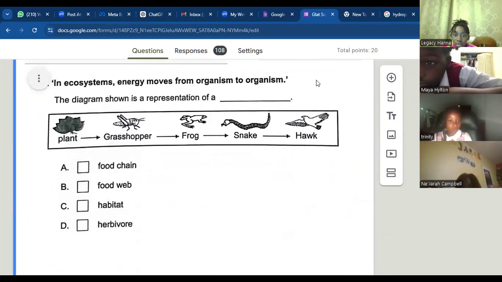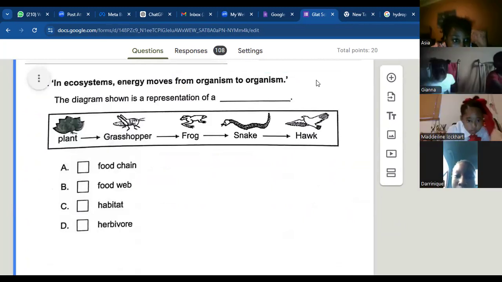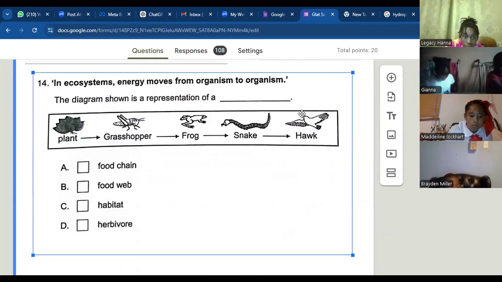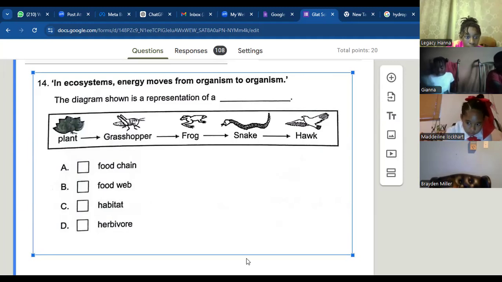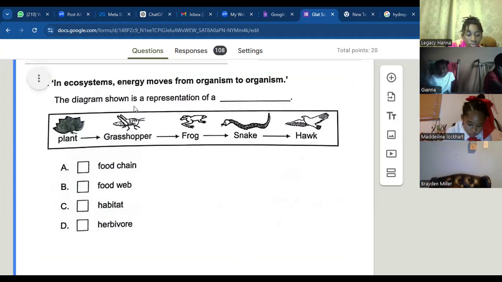Okay, let's move on to the next one. Daranique, read number 14. In ecosystems, energy moves from organism to organism. The diagram shown is a representation of a food chain, food web, habitat, or herbivore.